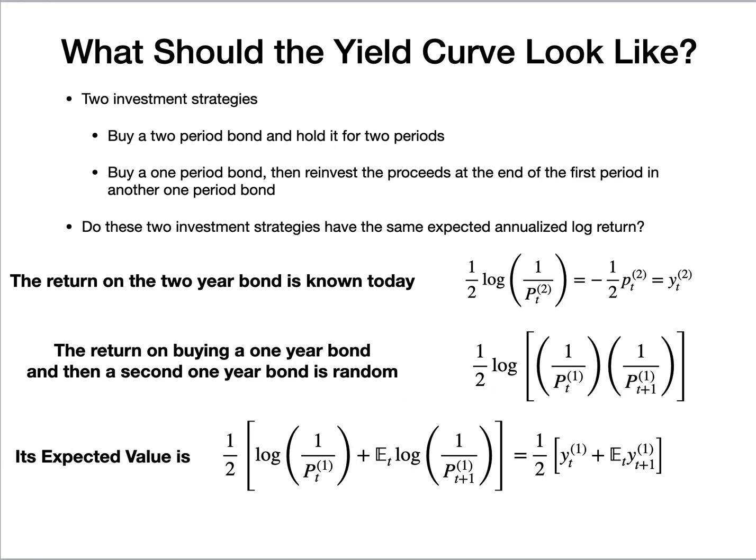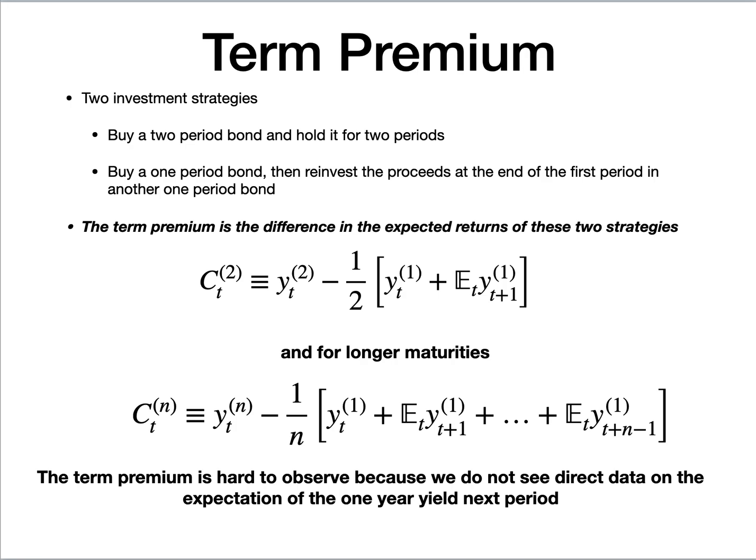And in that comparison, we define something we call the term premium. So the term premium is the difference in the rate of return between these two strategies. I'm going to use this notation here to define the term premium on a 2-period bond at time t. At time t, I can see the yield on a 2-period bond.